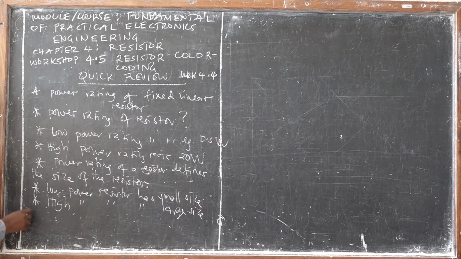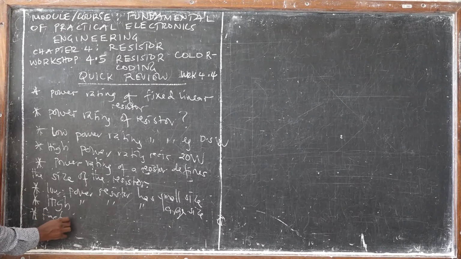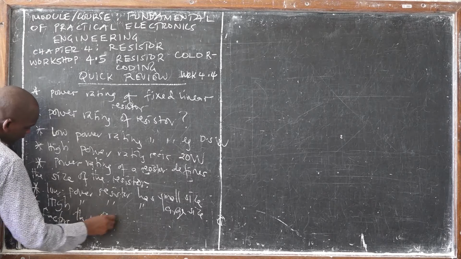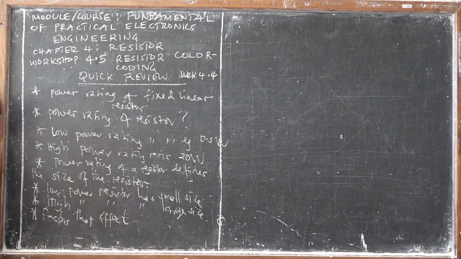And then I told you that the power rating of a resistor matters a lot in designing the PCB layout. Then I told you about factors that affect the resistor.